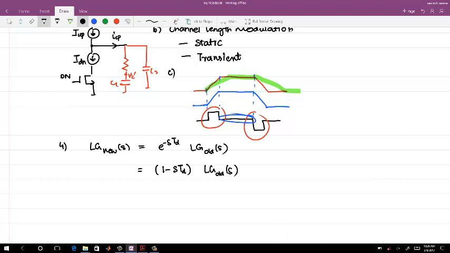So what will this do to the loop gain properties of the PLL? Your phase margin actually reduces, right? So the new phase margin is equal to the old phase margin minus tan inverse of omega u times td.